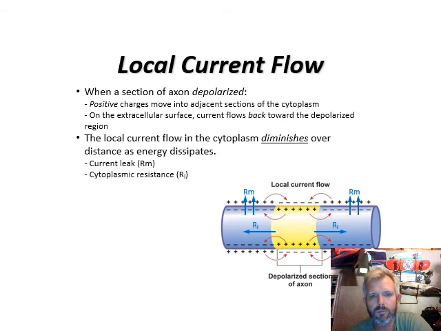Again, just showing more of the local current and how the flow diminishes as we move through the cell. There's current leaking, and there's resistance as we move away from the initial stimulus, the initial change in membrane potential.